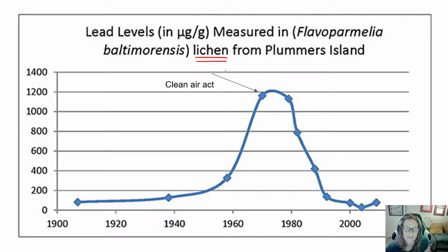Lichen is really sensitive to air quality, and if there's bad air quality, certain lichens won't grow or they'll look weird. And so it was a way to measure lead levels, and you can make this connection between how the lichen were there or weren't there and how much lead was in the atmosphere.